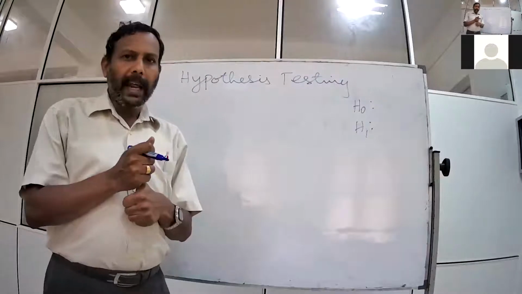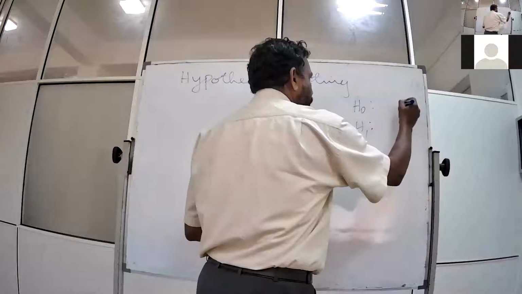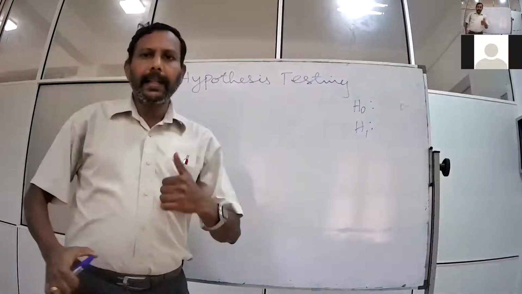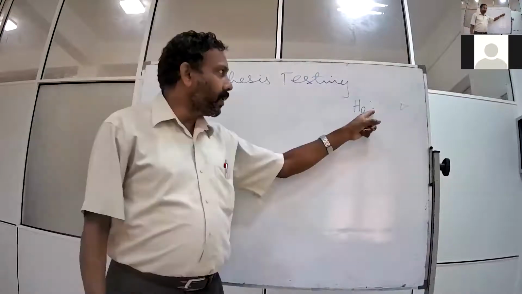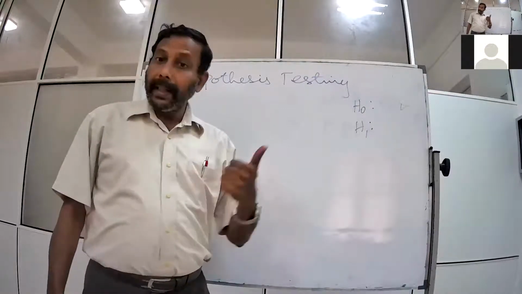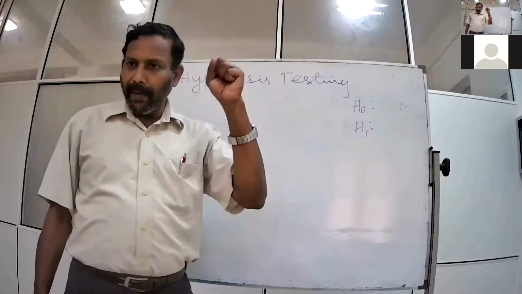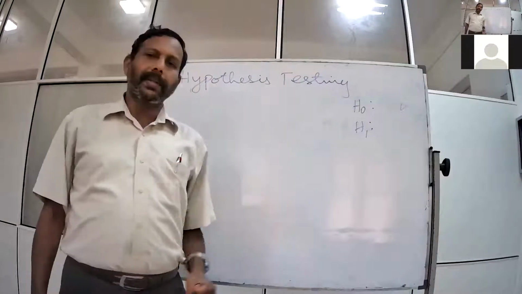For developing the null hypothesis, I set a rule. It is referring to the reference population. The null hypothesis is formulated based on the reference population, where the mean is known. So keep that in mind always: where the mean is known, referring to the reference population.